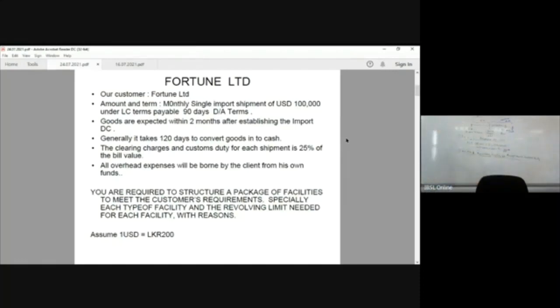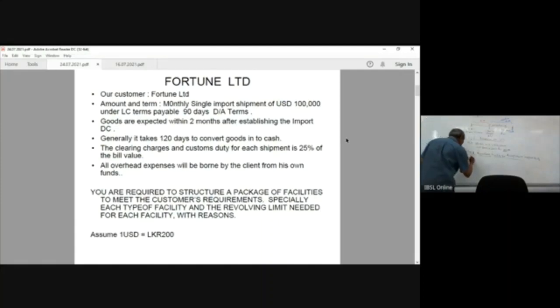What should be the facility? We have to say every month there will be an acceptance bill. That bill will be settled in 90 days. Therefore, the lead time is 90 days, 3 months. Before the first acceptance is settled, we have to prepare a facility for 3 such acceptances.